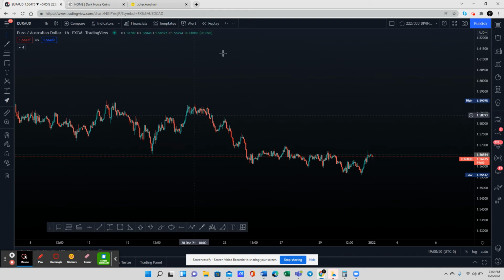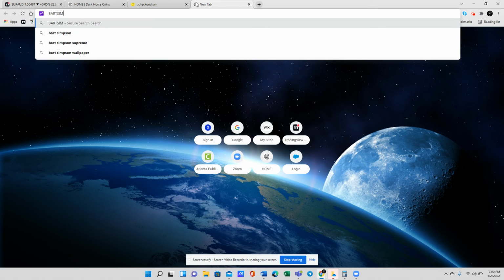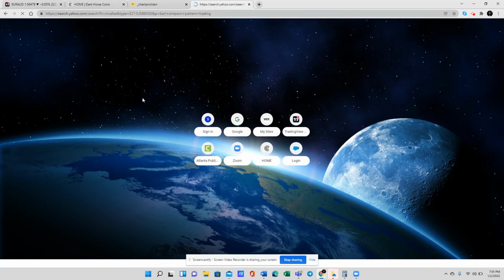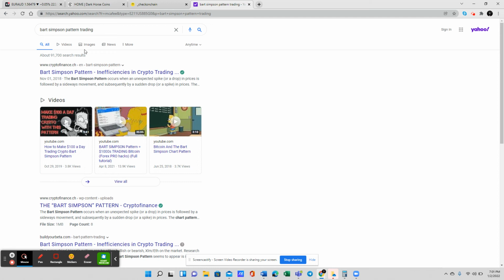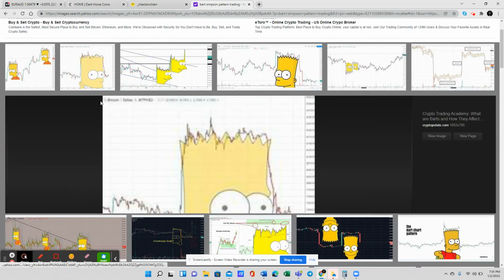If you've never seen that before, I'll show you what the Bart Simpson pattern looks like. All right, you see that right there?